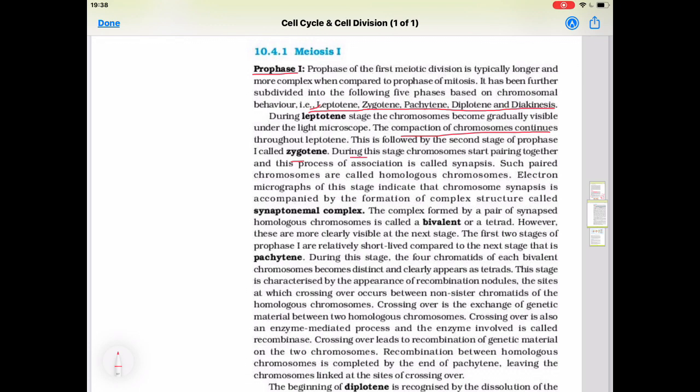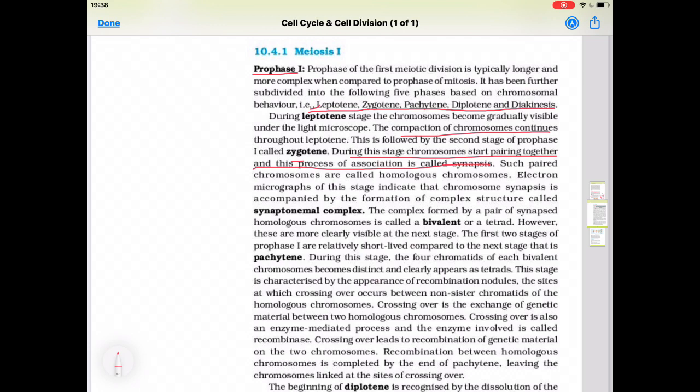During this stage, chromosomes start pairing together, and this process of association is called synapsis. Main point is synapsis. During zygotene, synapsis occurs. Such paired chromosomes are called homologous chromosomes.